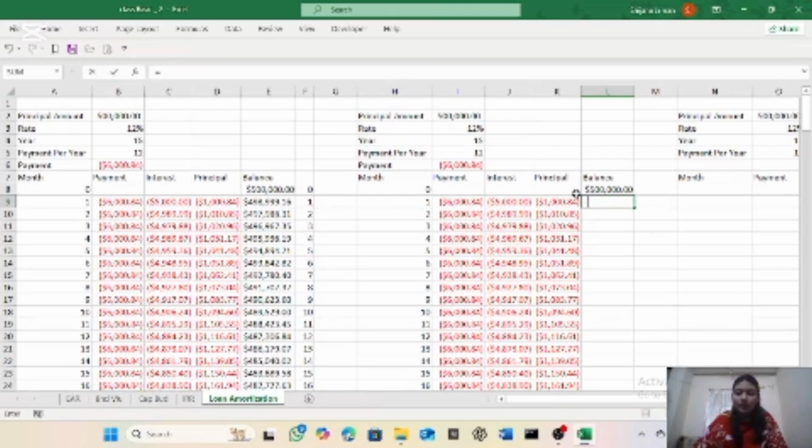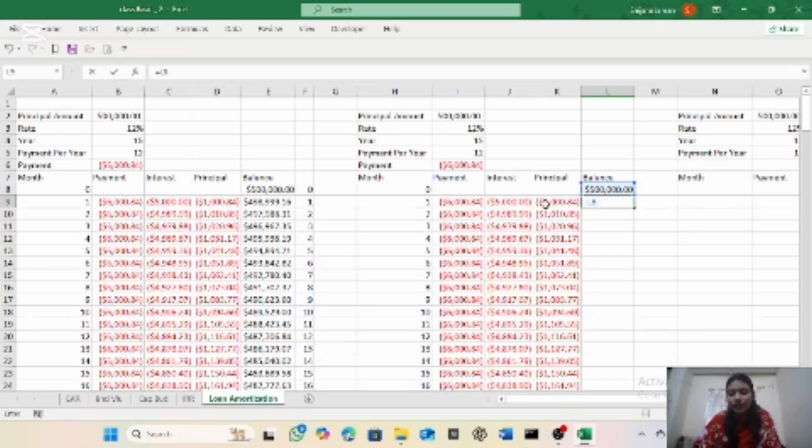So our ending balance is 5 lakh minus our principal amount, the first month's principal amount.